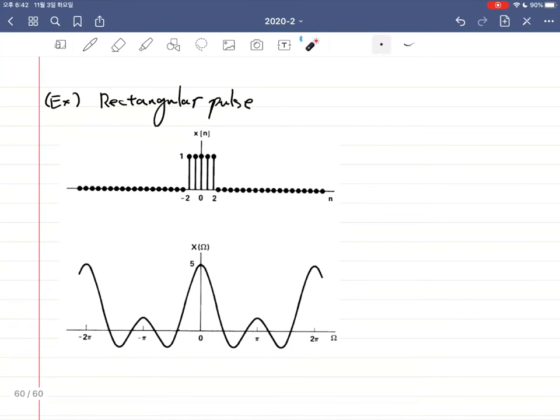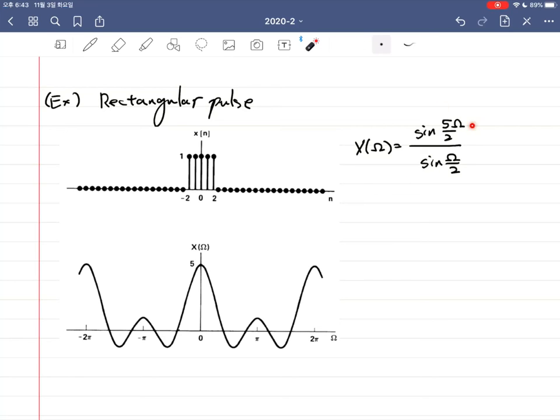I'm not going to go through the whole derivation, but this is obviously a non-periodic discrete time signal, and if you obtain the Fourier transform of it, you will get sine of 5 omega over 2 divided by sine of omega over 2.